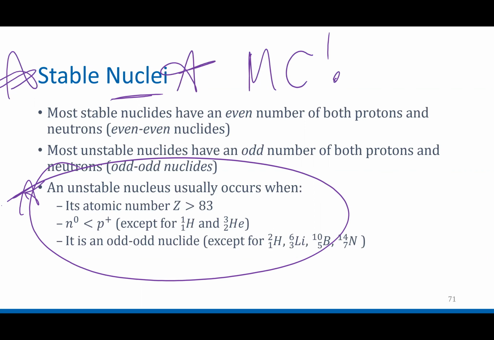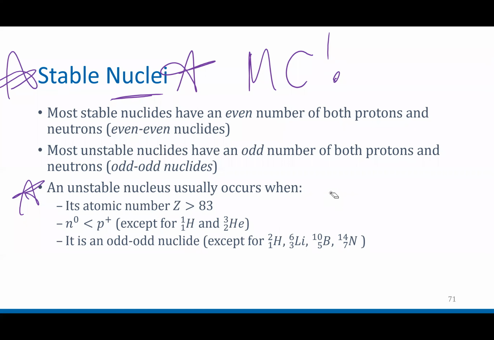An unstable isotope or unstable nucleus will have one of the three things I've listed here. Number one, if the element or isotope has an atomic number bigger than 83. That's just one above lead, Pb. If the atomic number Z is above 83, it's probably not stable.